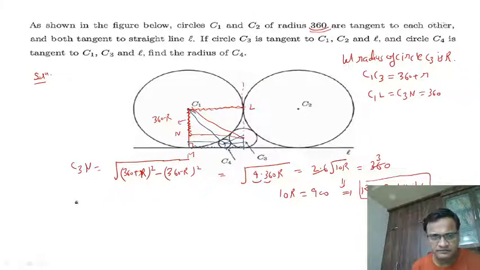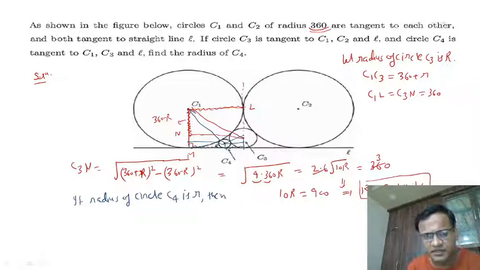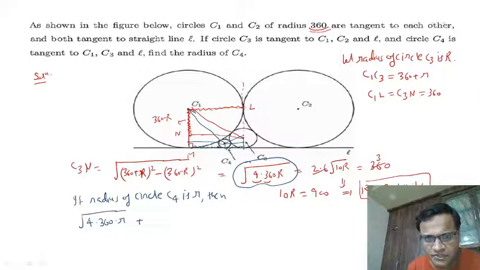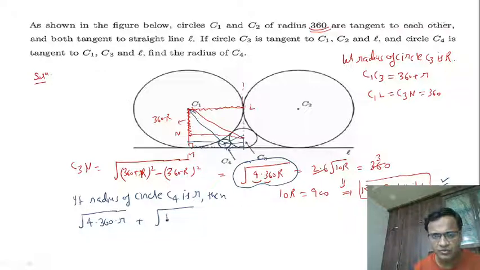So we can write, if the radius of circle C4 is smaller, say r, the length of the direct common tangent between the circles C1 and C4 is the square root of 4 times 360 into r, plus the length of the direct common tangent between C3 and C4, where the radius of C3 is 90 and C4 is r, so the square root of 4 times 90 into r.